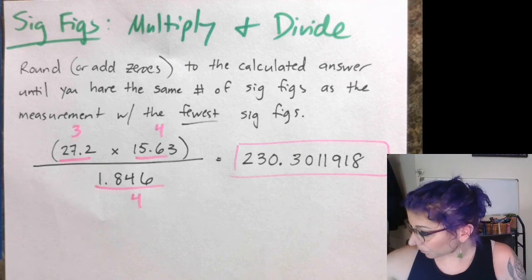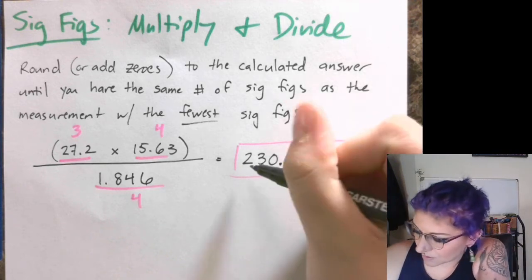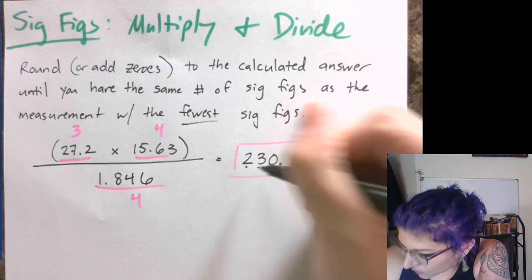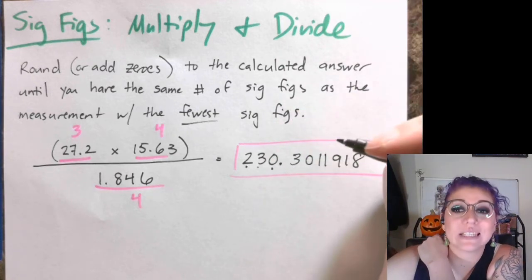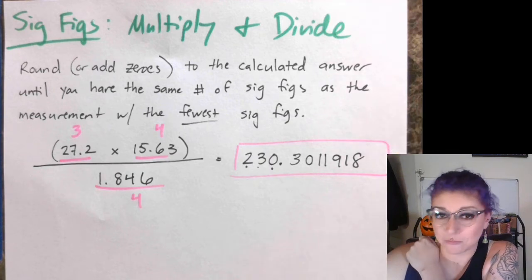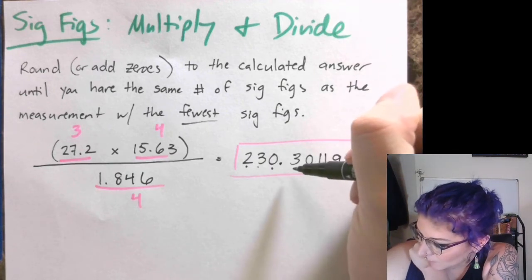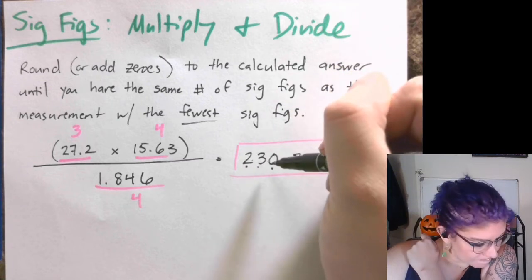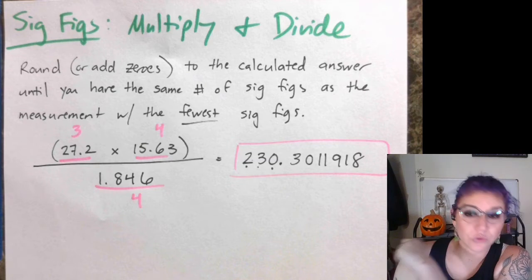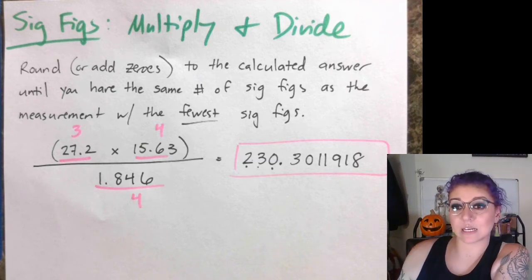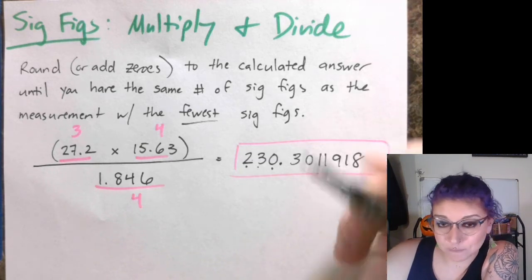So this digit is significant, this one is significant, so is this one, because it's a trailing 0 in a decimal. Okay. So 1, 2, 3. Those are my three digits that I need to have in my final answer.